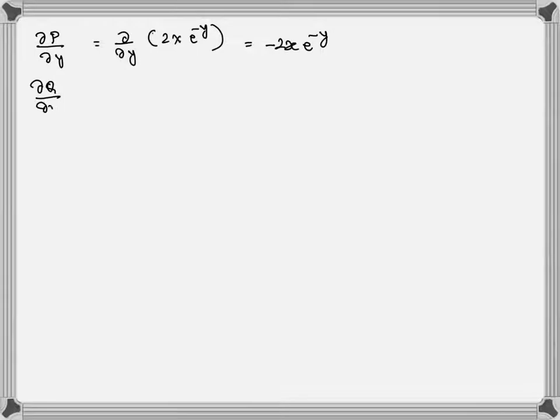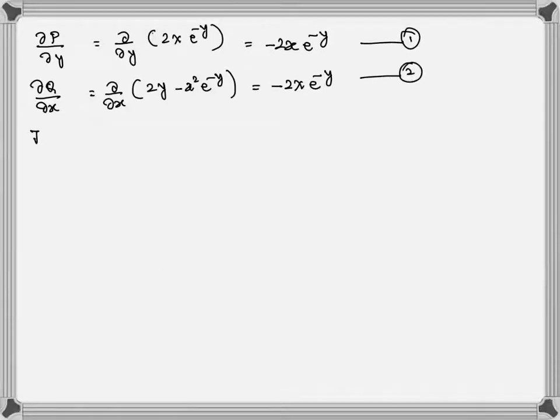The partial derivative of Q with respect to x, of 2y minus x squared e to the negative y, is also equal to negative 2x e to the negative y. So partial P by partial y is the same as partial Q by partial x. That proves that F is a conservative vector field.